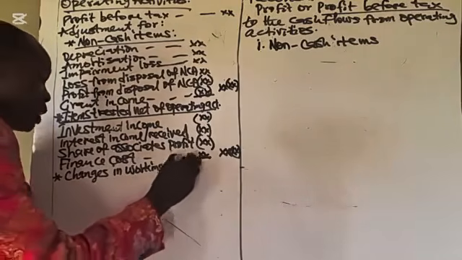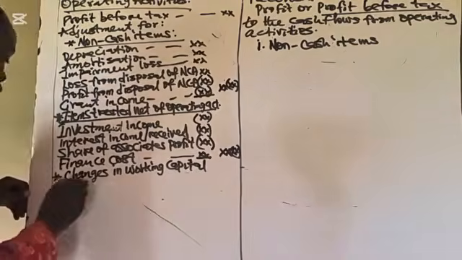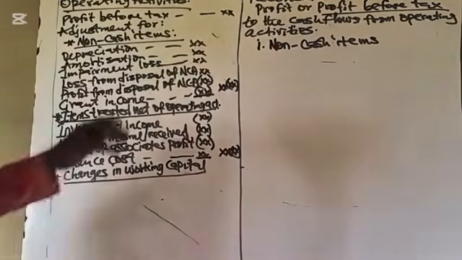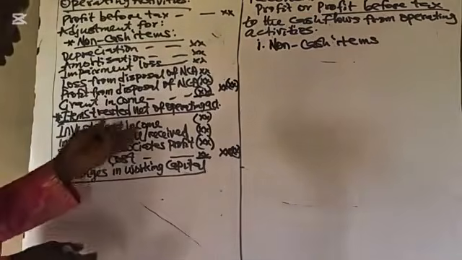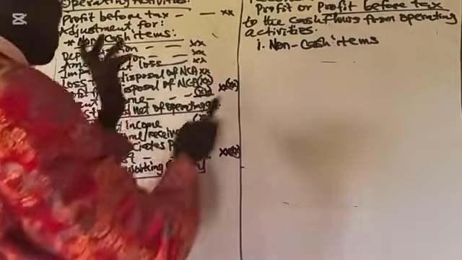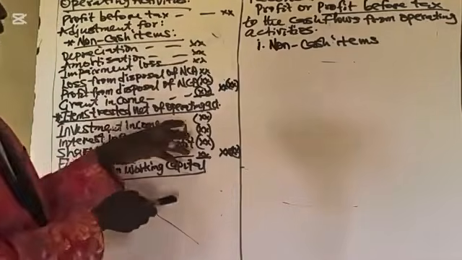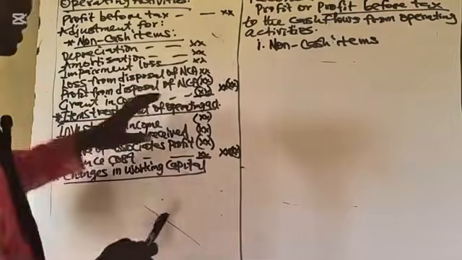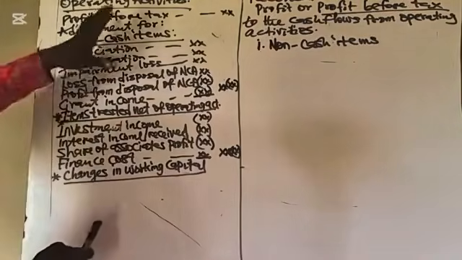I've told you, you want to do reconciliation under this method, under the indirect method. What you want to do is reconciliation. I've told you your operating activity, you want to reconcile your operating profit to cash flows from operating activities. In your reconciliation, you start with the profit before tax, then you adjust for the items listed.